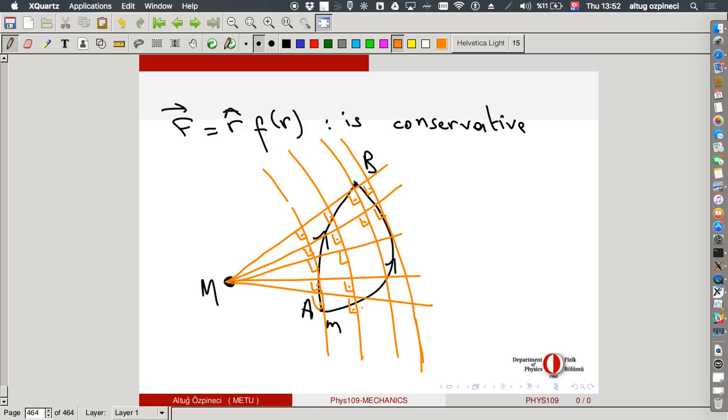So these are all circles with different radius. And I will also consider radial line segments. So this is a radial line segment. All these angles are 90 degrees.